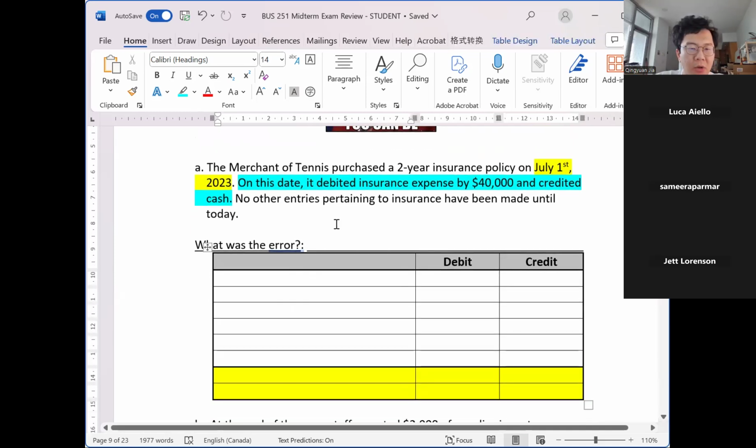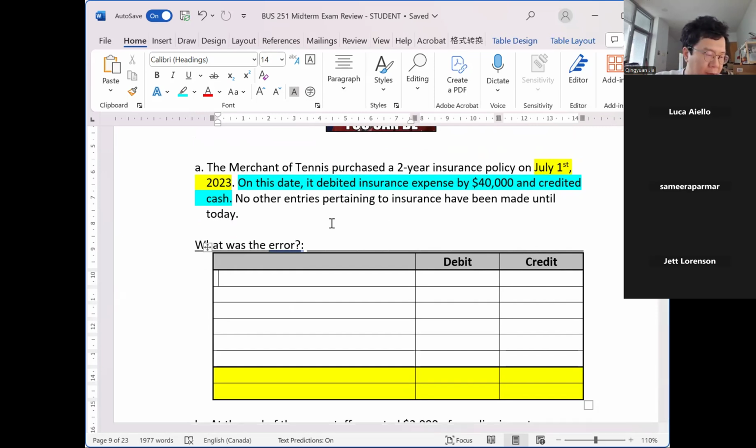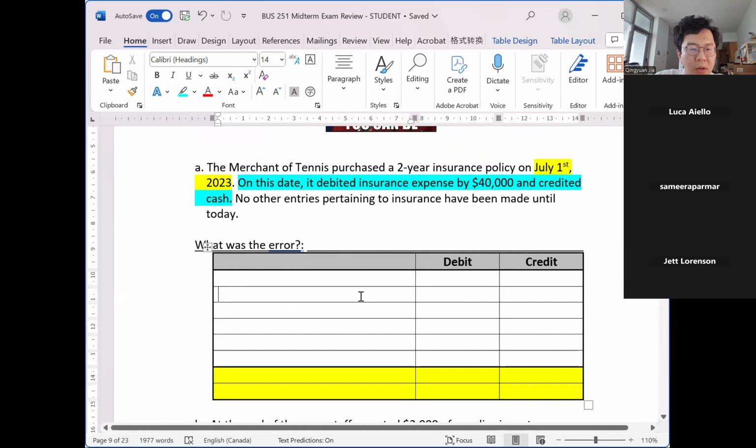And in order to correct the mistake, first of all, we have to do a reversing entry. As said, it debited insurance expense by 40,000, and then we will do the opposite, right?